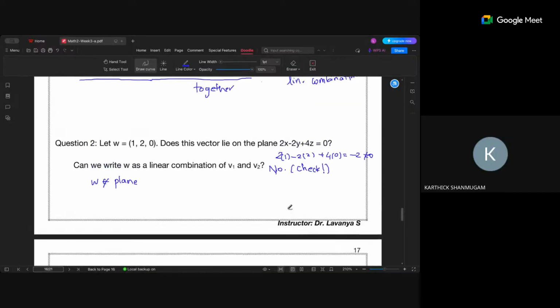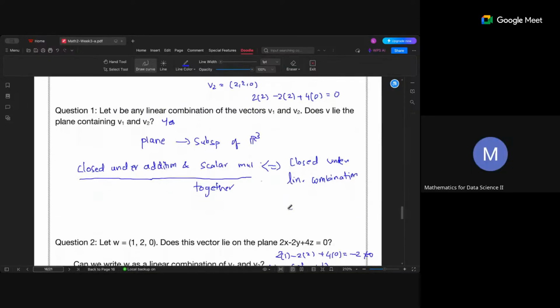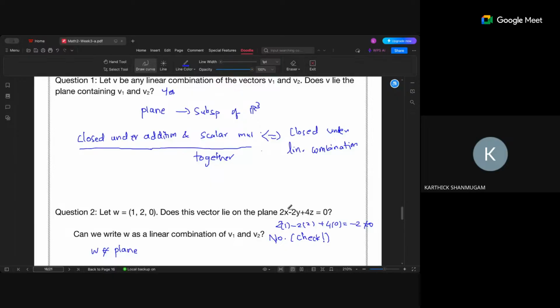Ma'am, if you can go back to that same question, where W is a vector defined as (1, 2, 0), I can still define it like a linear combination, right? It need not be part of any vector.